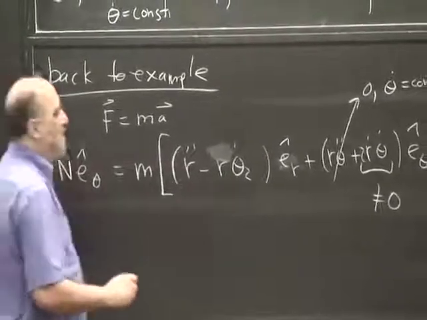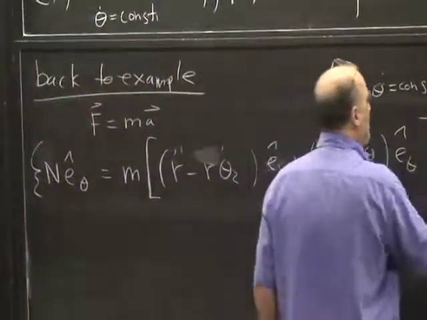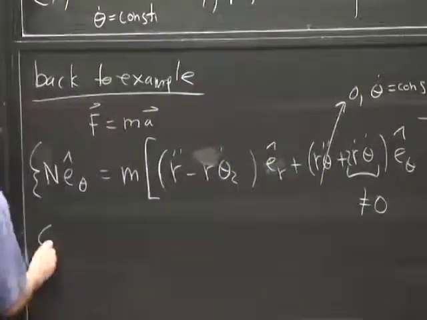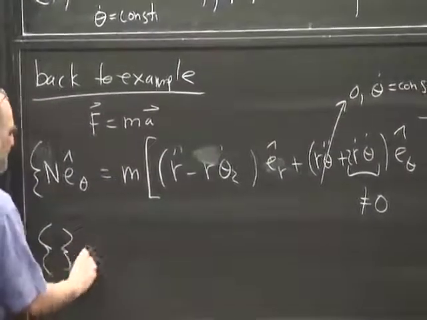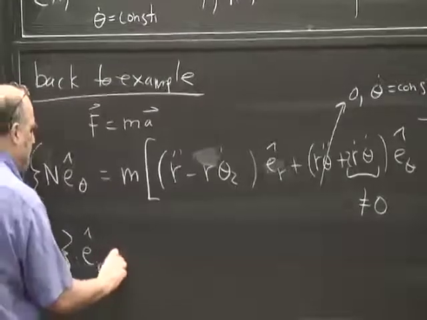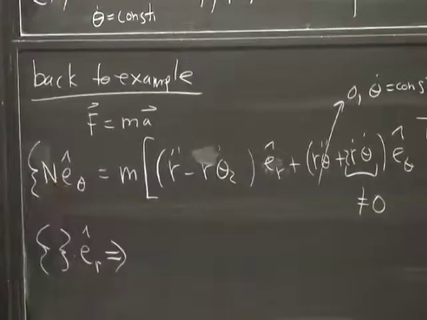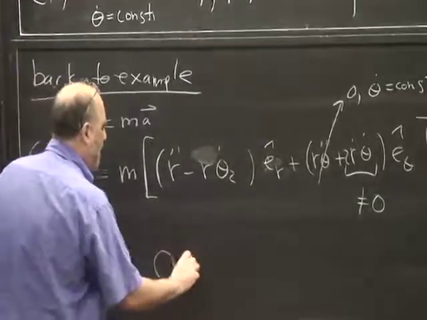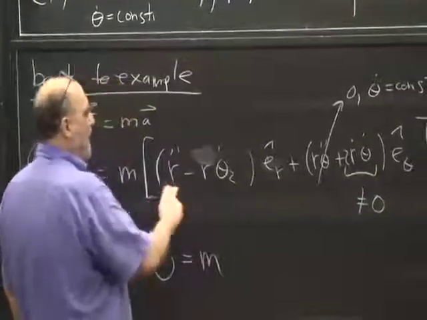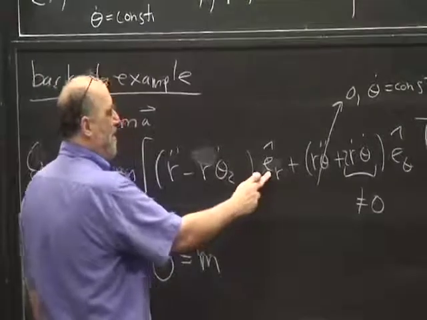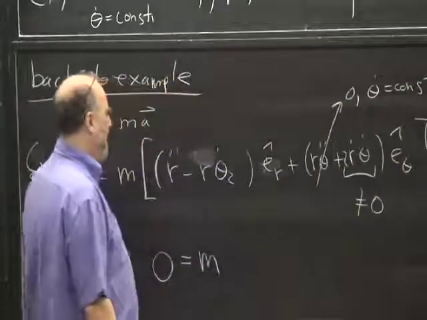So just to see what's going on, to try to figure out the motion, let's take this equation here and take the dot product of both sides with e_r. That gets rid of this term. e_theta dot with e_r is equal to 0. So we have 0 is equal to m, and then we have this e_r dot with e_r is 1, e_r dot with e_theta is 0.